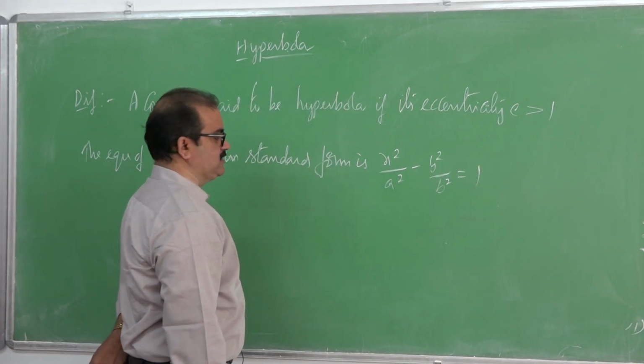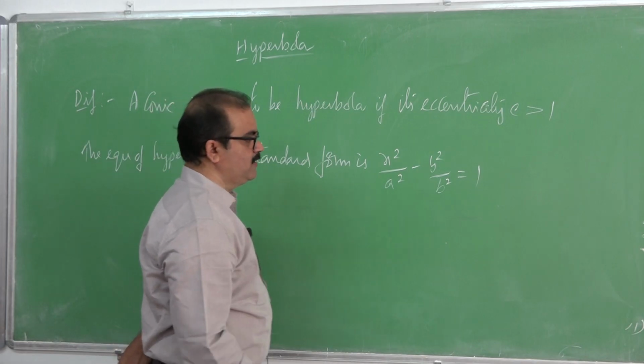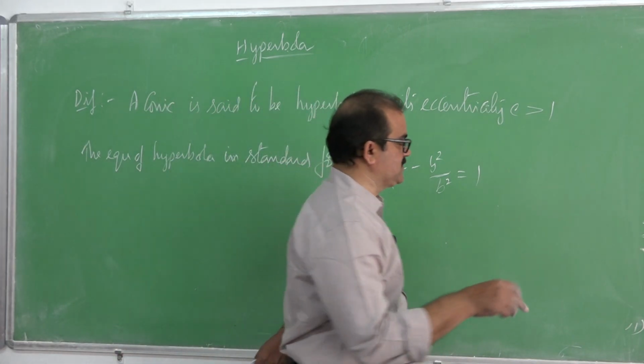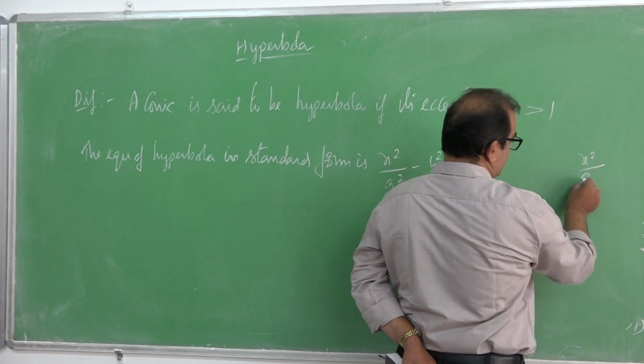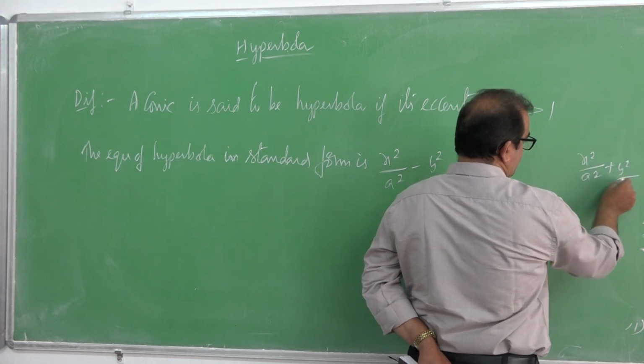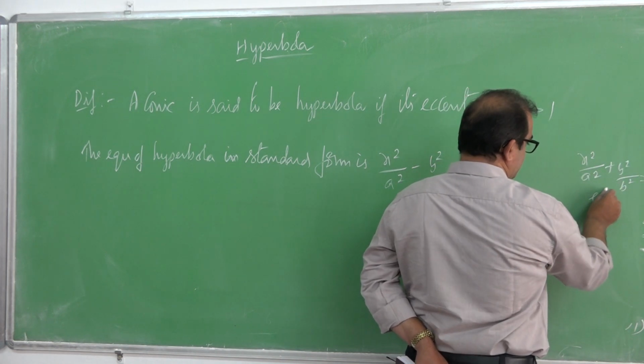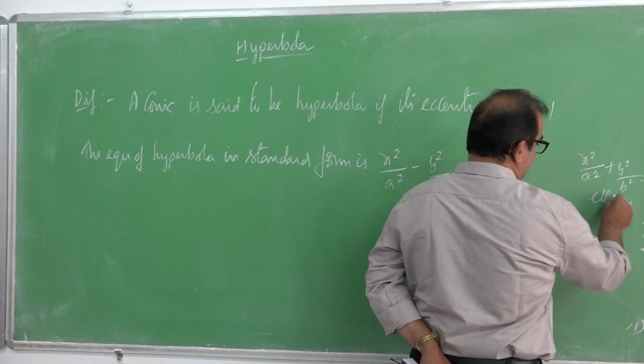This is the equation of hyperbola in standard form. What is the equation of ellipse in standard form? X square by a square plus y square by b square is equal to 1. This is an ellipse in standard form.